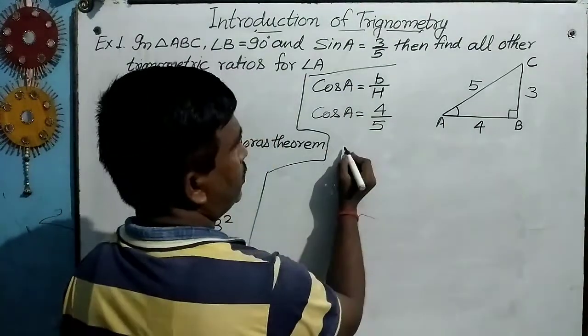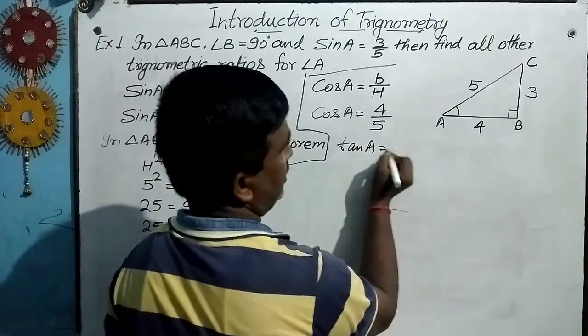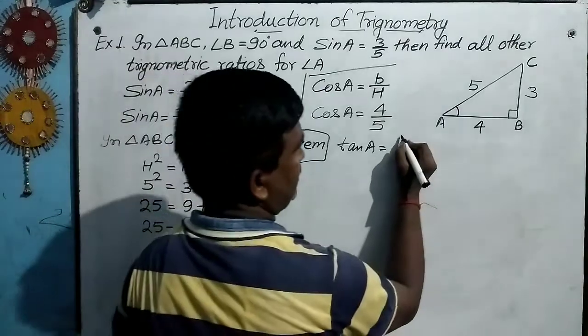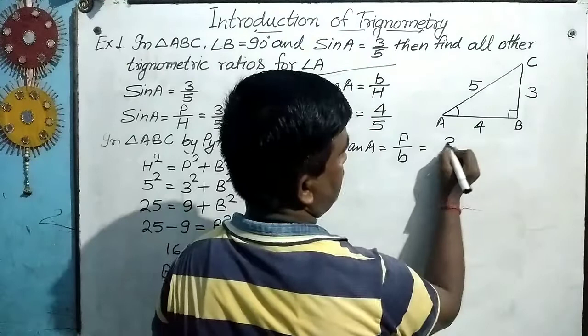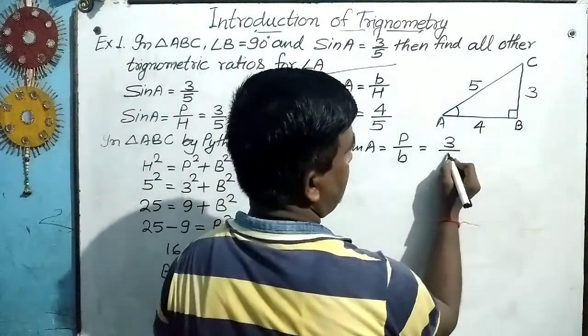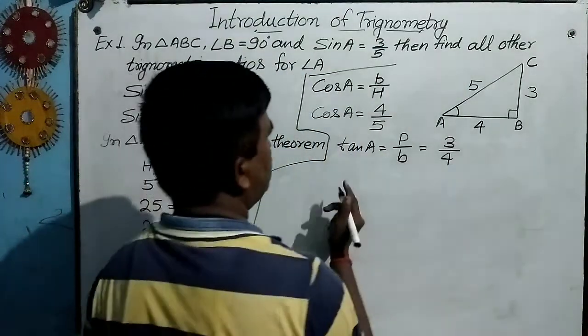Like this, here you have to write tan A, and the formula for tan A is perpendicular upon base, and perpendicular is 3. Write down 3 at the place of P, and B is 4. Then you have tan A equal to 3 upon 4.